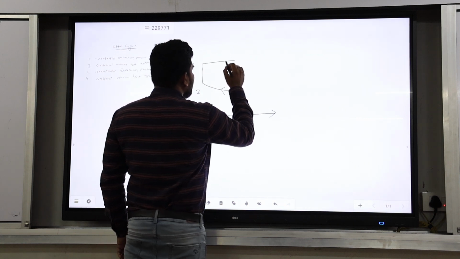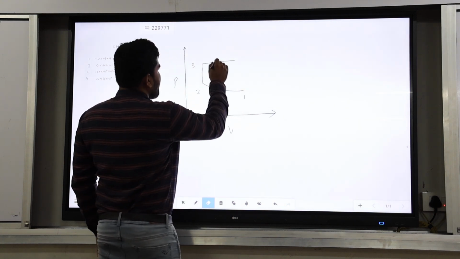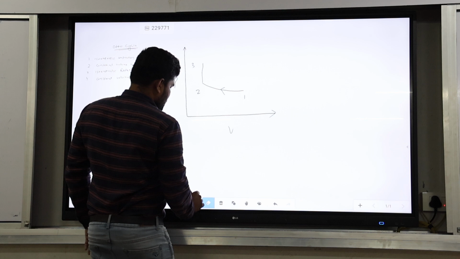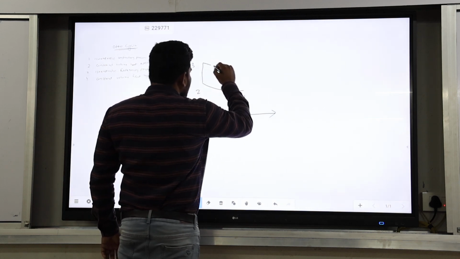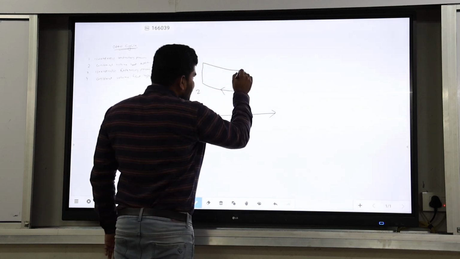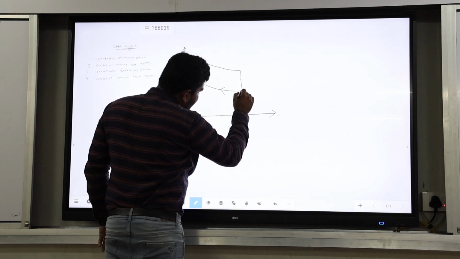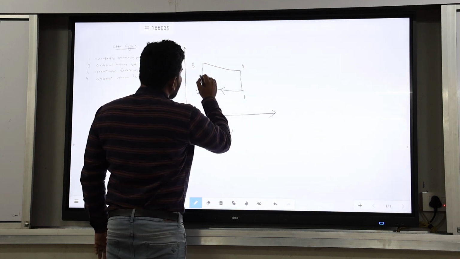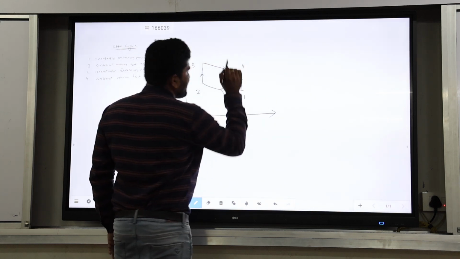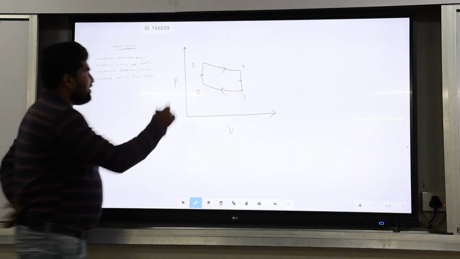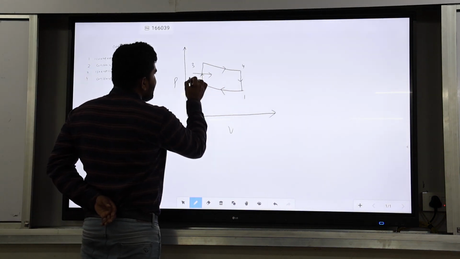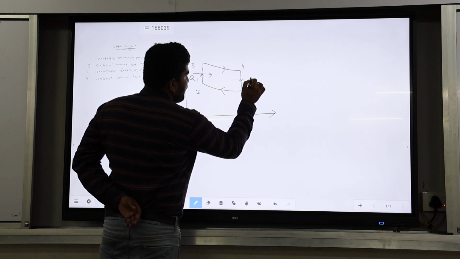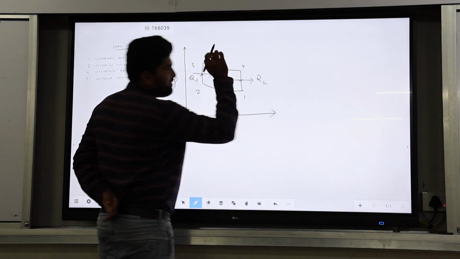Then isentropic expansion. Then constant volume heat rejection. These are the four processes. In this cycle, heat is added here and heat rejection is here.